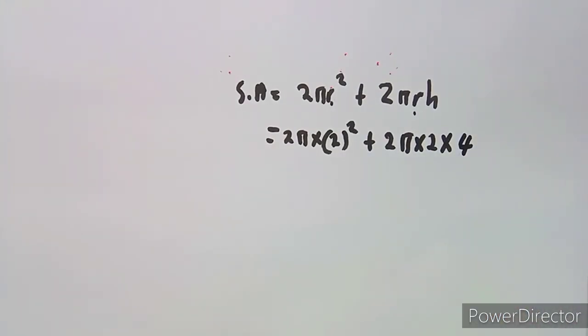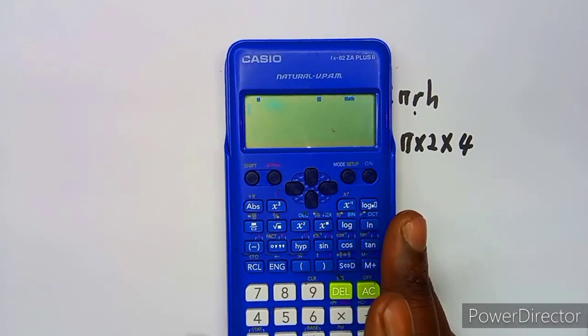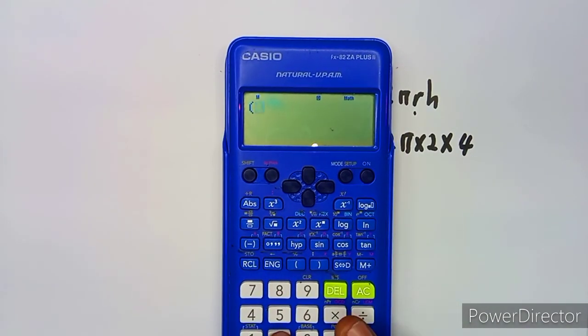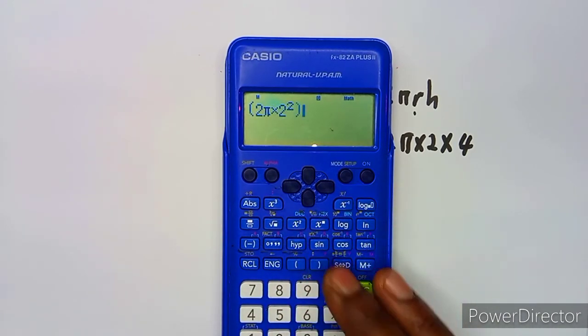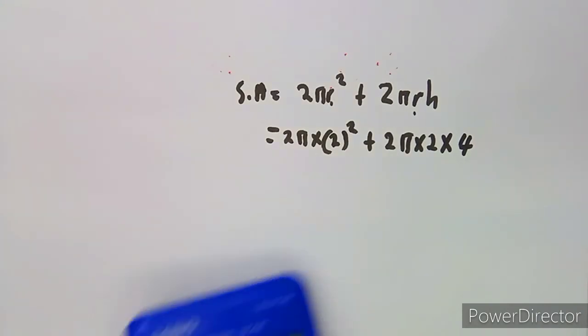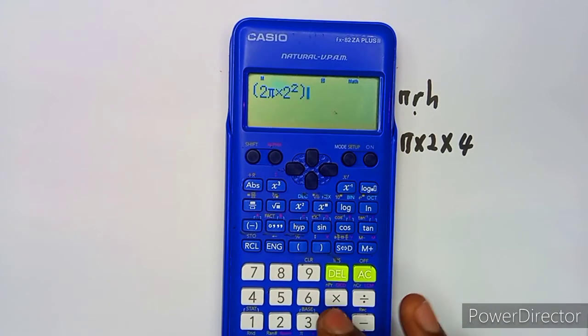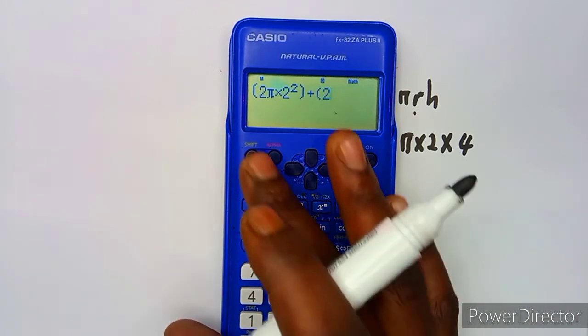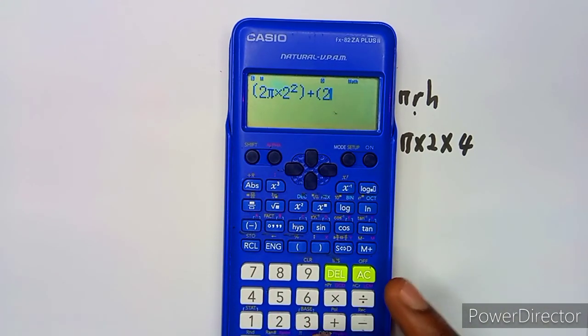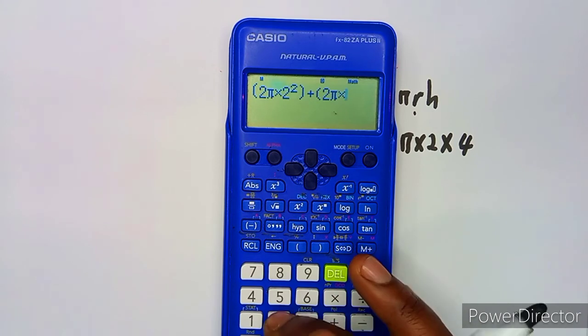So you can use your calculator again. 2 pi r squared, that's just 2 times pi times r squared, which is 2 squared. Remember to close that bracket. So this is 2 pi r squared plus 2 pi, another part has got 2 pi, just 2. Then we have got shift pi there, times 2 times 4.